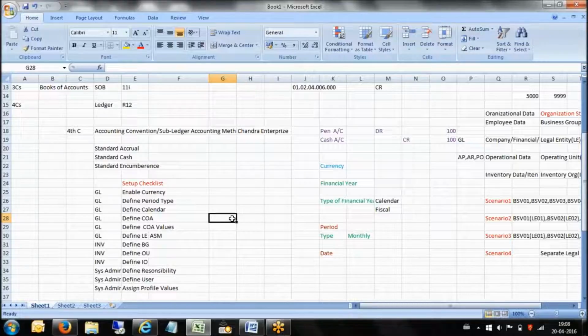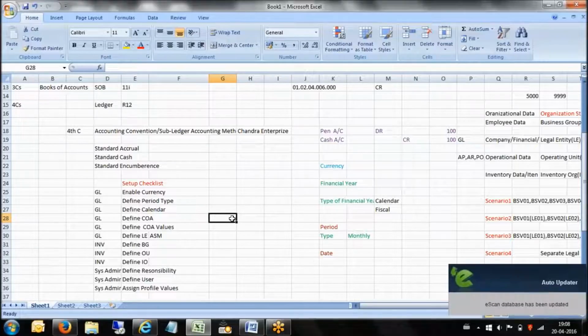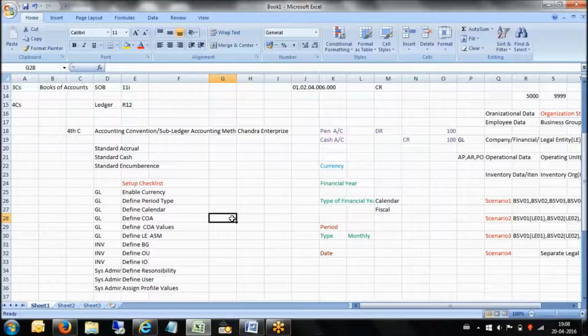Basically, there are two things. One is when you say that you can have more than one currency enabled for one ledger, that is not correct.